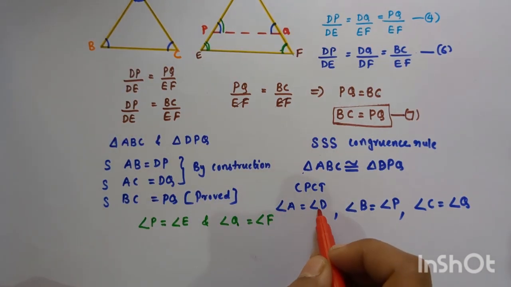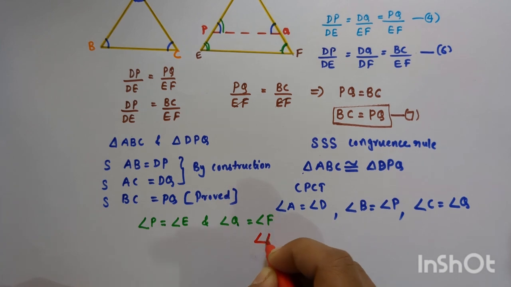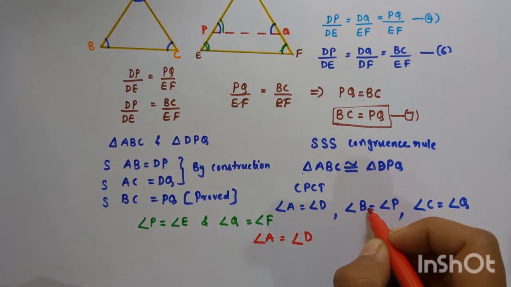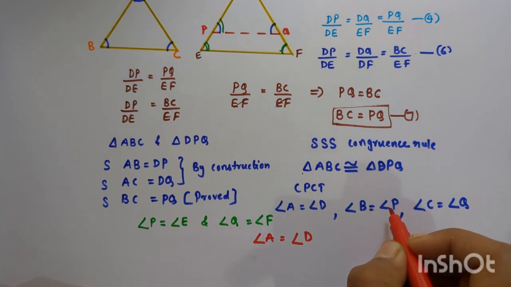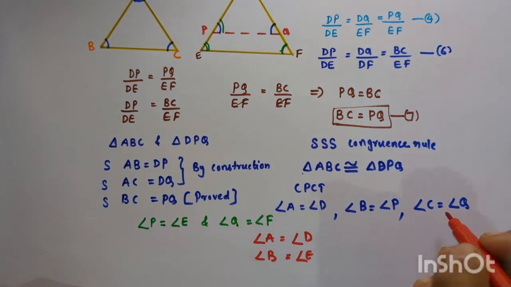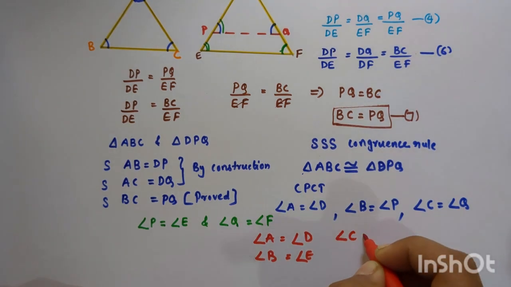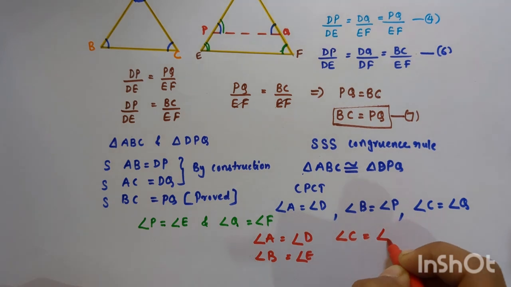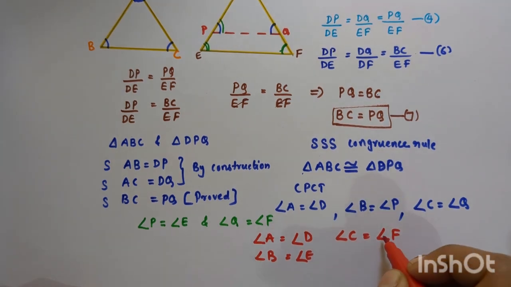Angle A is equal to angle D. Then angle B is equal to angle P, and that angle P is equal to angle E, so we can write angle B is equal to angle E. Then angle C is equal to angle Q, and that angle Q is equal to angle F, so angle C is equal to angle F.